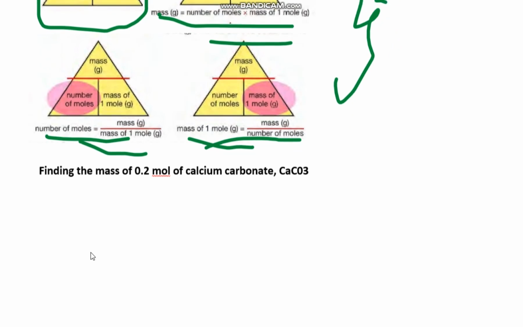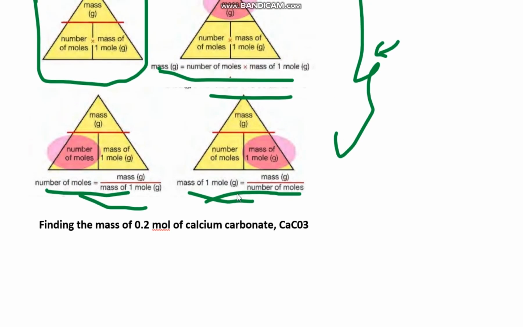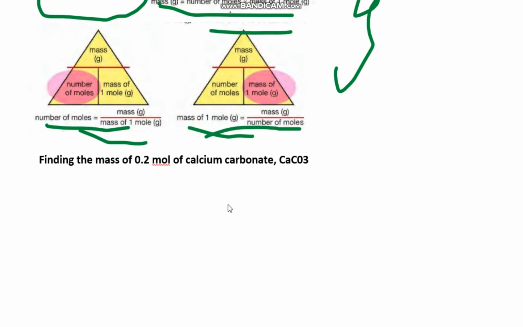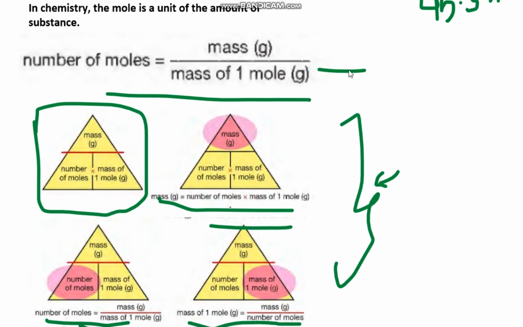Whenever you begin questions, you have to write this equation because it is necessary to show it. Now we'll do this question: finding the mass of 0.2 mole of calcium carbonate. Calcium carbonate is CaCO3. We have to find calcium carbonate's MR, the relative formula mass of a compound, of an element, of anything.